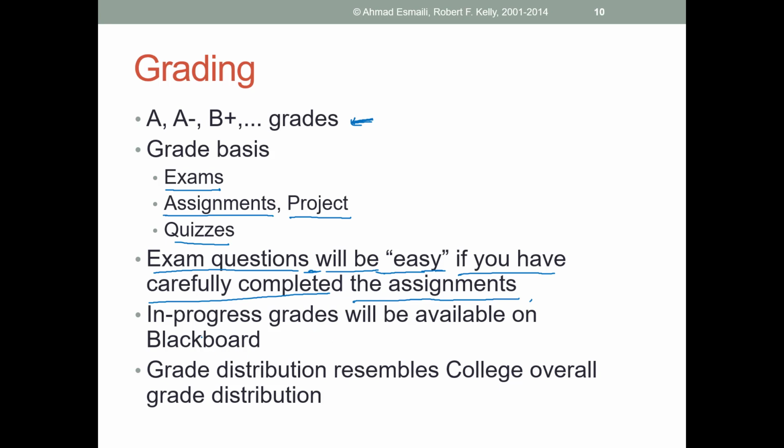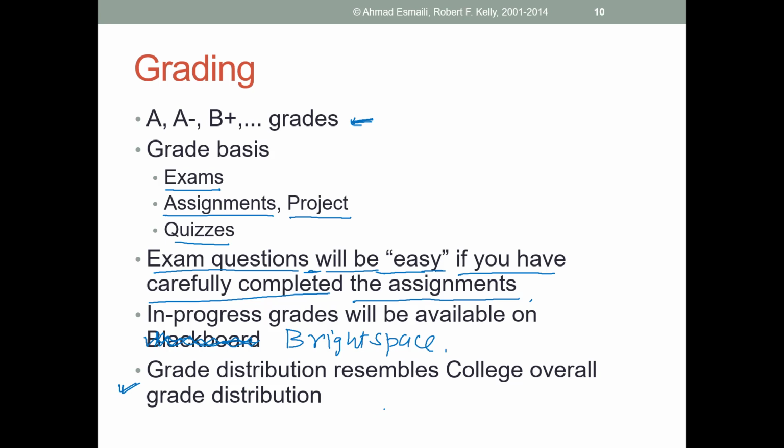It's possible that I'll have Blackboard mentioned in the slides. The reason being, I have been using Blackboard, but now since we have moved to Brightspace, let me replace that by Brightspace. So in-progress grades will be available on Brightspace. And the grade distribution would be very similar to any course that you have already taken.